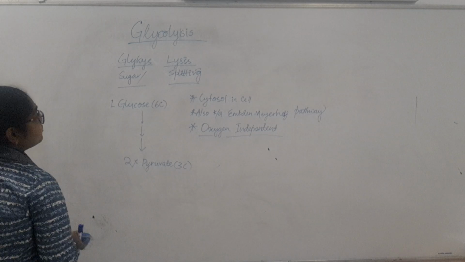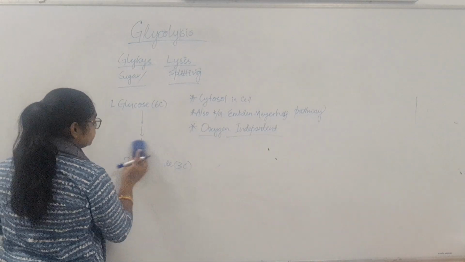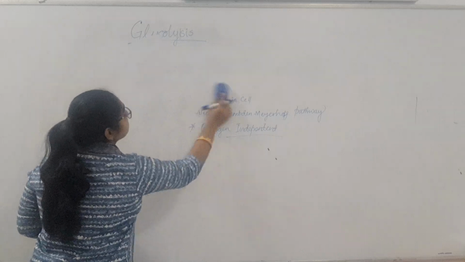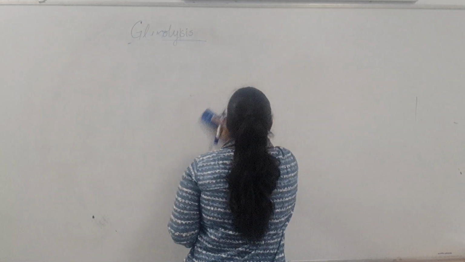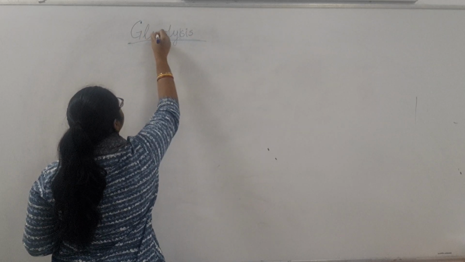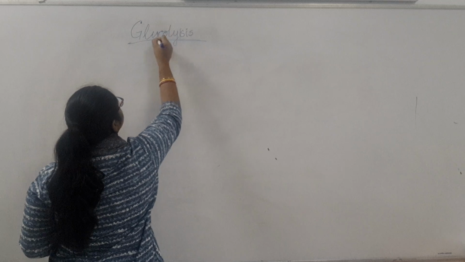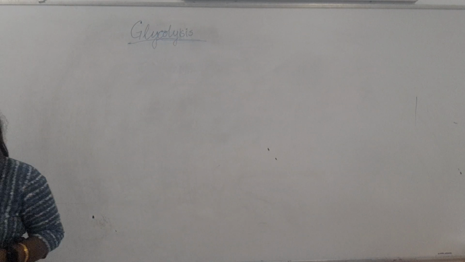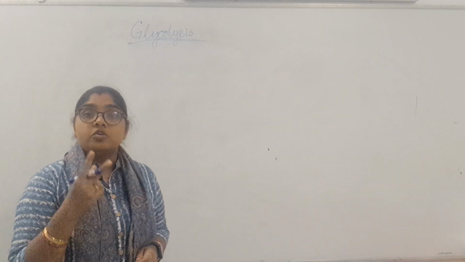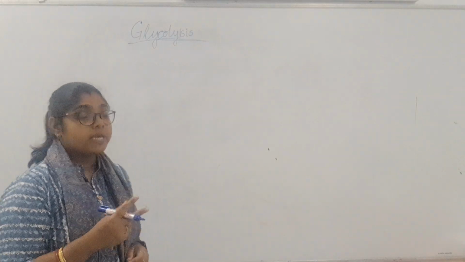So let's start with the steps in glycolysis. As I said, it takes place in the cytosol of the cell, and it is the process of splitting one glucose molecule into two pyruvate molecules.